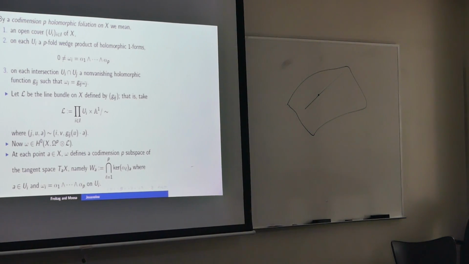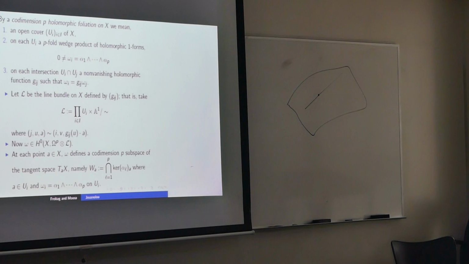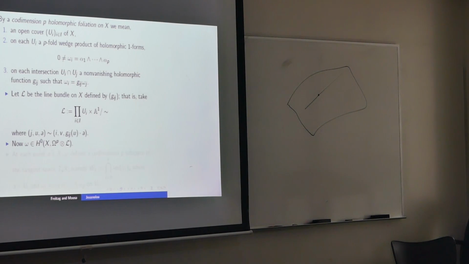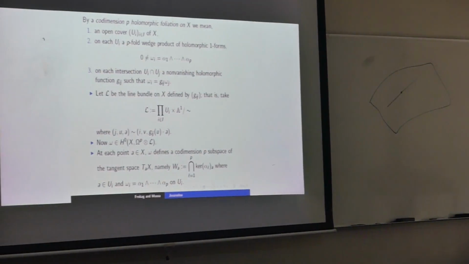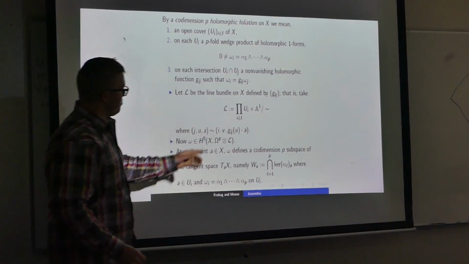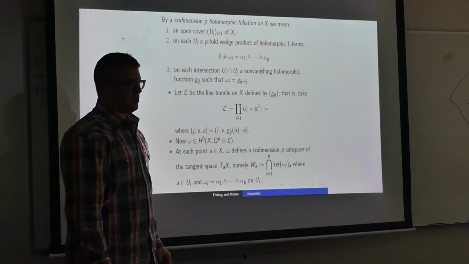In the definition of a foliation, don't you also need a kind of crossover condition on the transition functions? Yeah, that's true. You do need that, but they satisfy that by thinking about that requirement there.